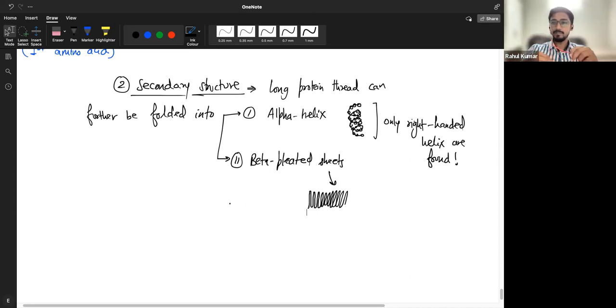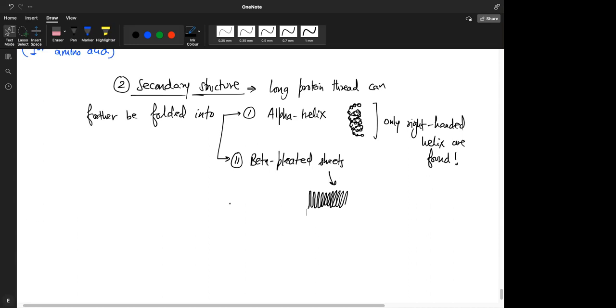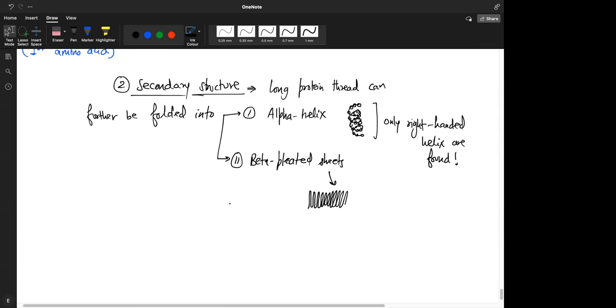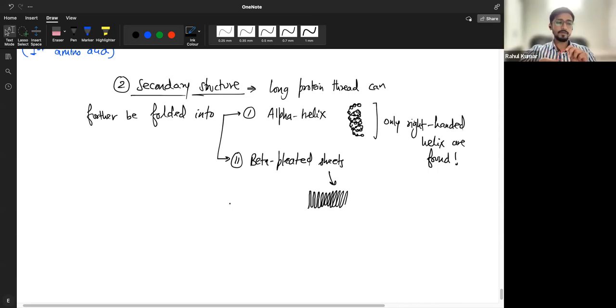The first half will be in the form of a helix, like this. And the later half can be pleated in sheets. So both things can be present in the same structure. Can you see? One is helix and the other is sheet. You understood? Very good.